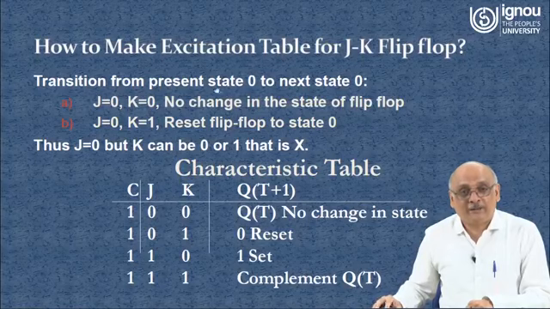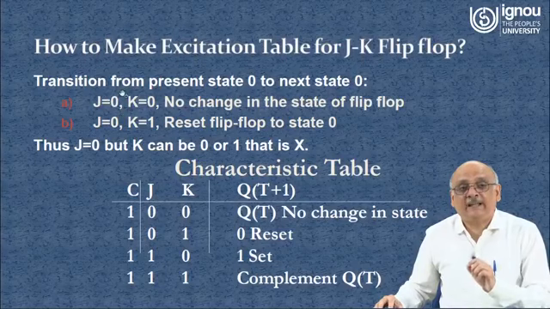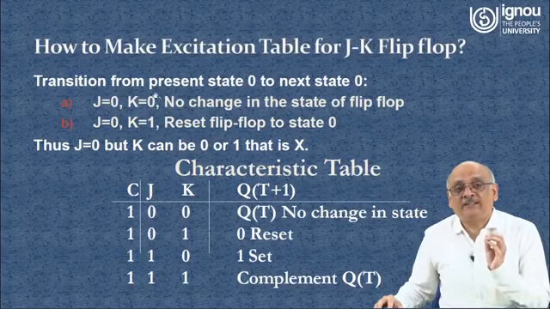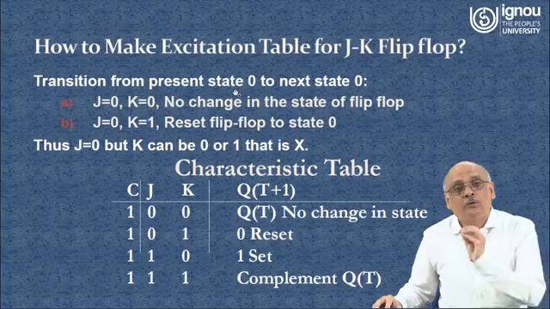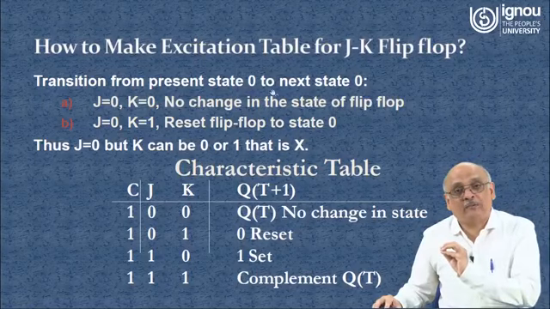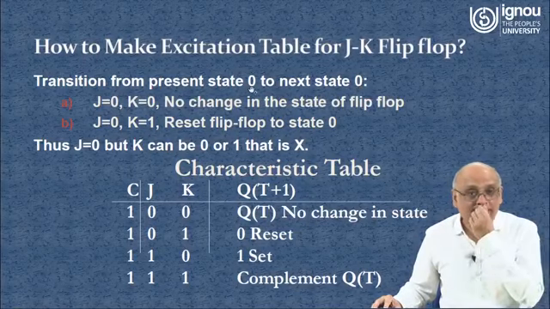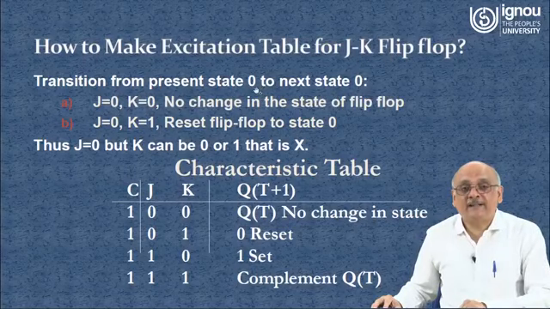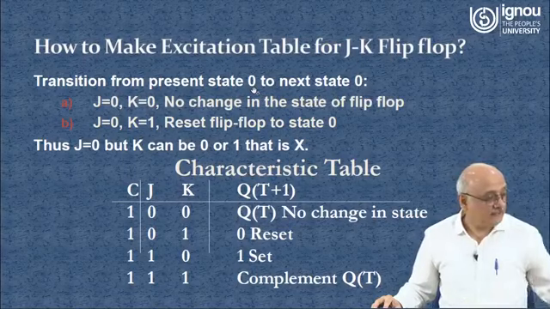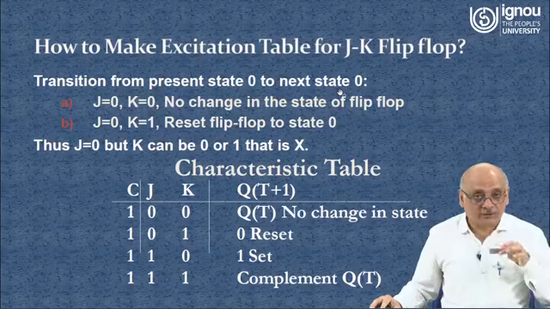This example is from your block only, and you can refer to it. Now the first thing we said is the transition from a present state to a next state. For example, the present state is 0 and the next state is also 0. Okay, so this is basically what we are saying. The present state is reset, right, and the next state is also reset.